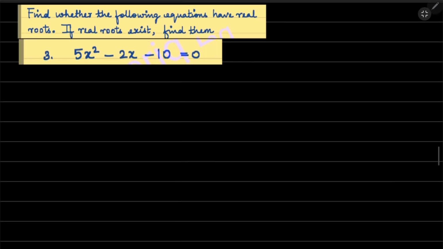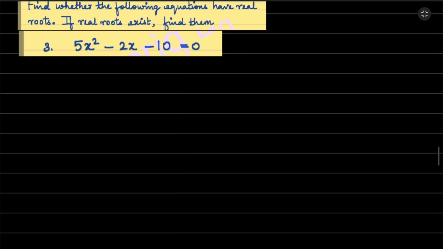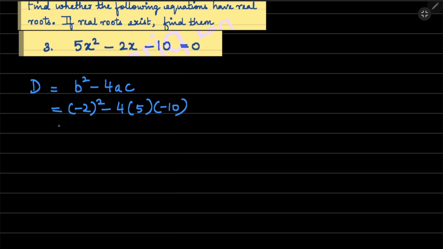Now let's do another question: 5x square minus 2x minus 6. Same way we can do. Calculate d, b square minus 4ac. So b square is minus 2 square minus 4 into 5 into minus 10. It is 4, minus into minus is plus 200, which is 204.